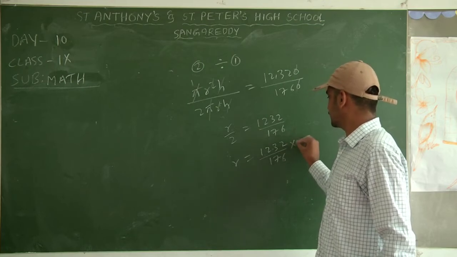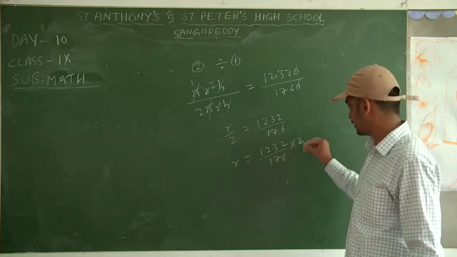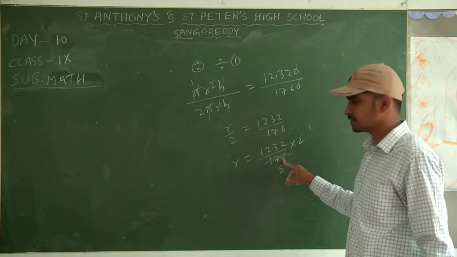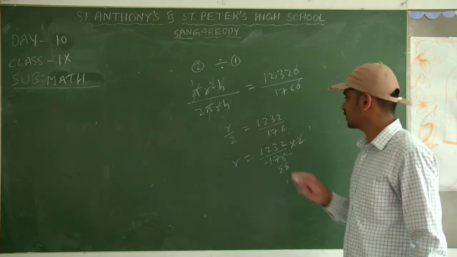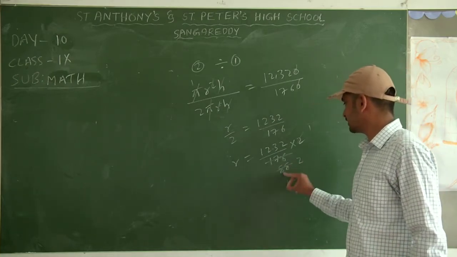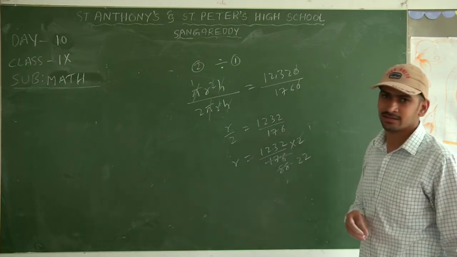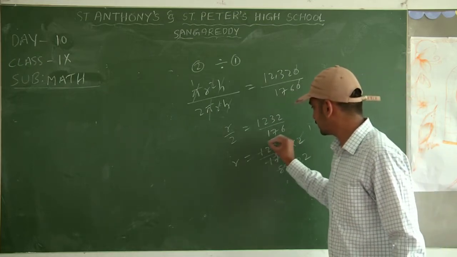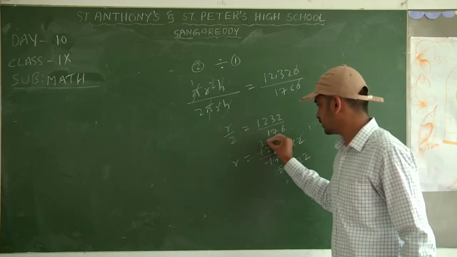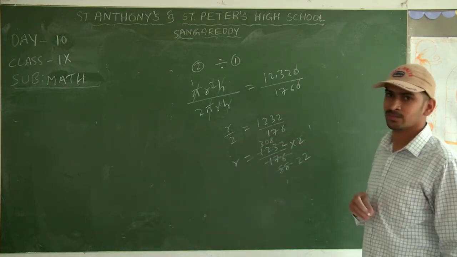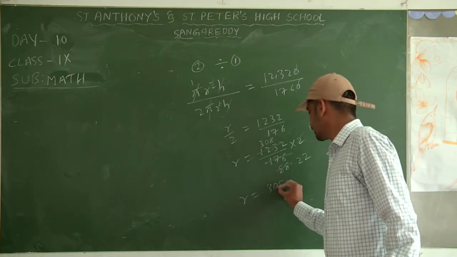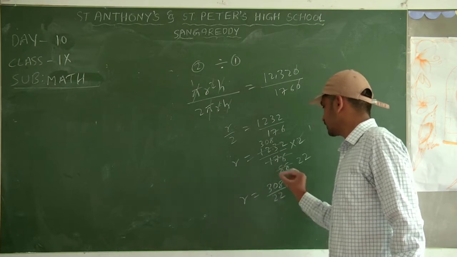So with the 2 table, 2 ones are 2, 2 eights are 16. With the 4 table we can cancel: 4 threes are 12, next 4 eights are 32, we get 0. Next, r equals 308 by 22.